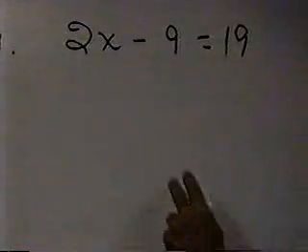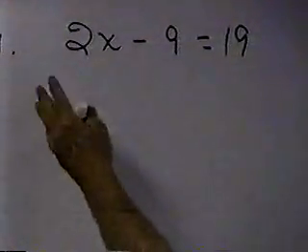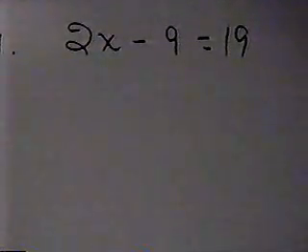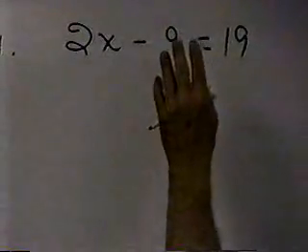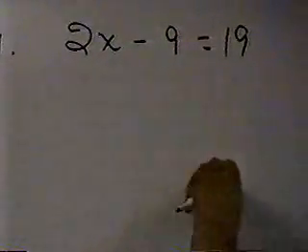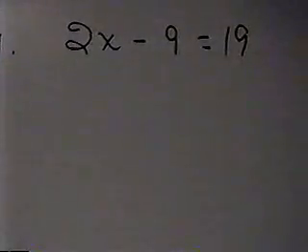So even though the 9 is at the beginning of the words, doesn't mean it's the beginning of the equation. So you need to read through the problem several times if necessary until you kind of picture what's happening. And what's happening is we're going to subtract 9 from twice the number, and that's going to be equal to 19.